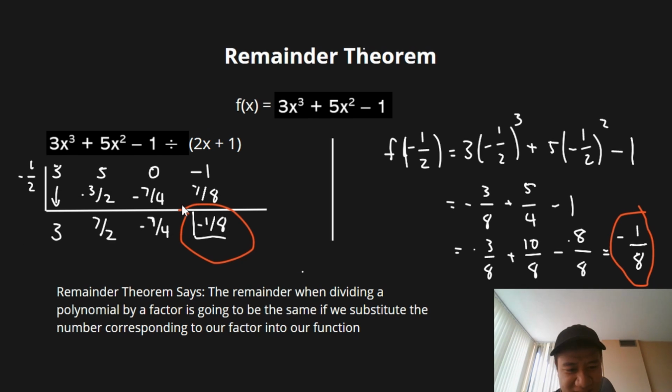Let's go over this one more time. When we divide this by 2x plus 1, the remainder is going to be the same if we substitute the number corresponding to our factor, that refers to negative 1/2. This number corresponds to our 2x plus 1. If we substitute that number into our function, those two numbers will be exactly the same.